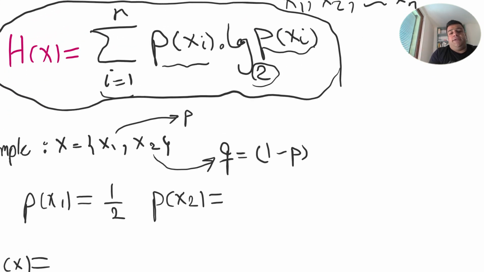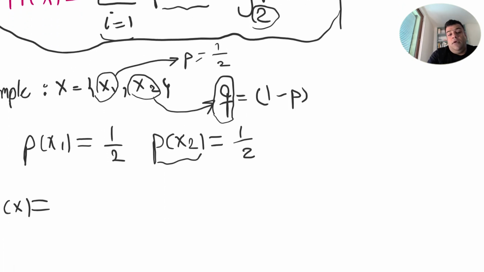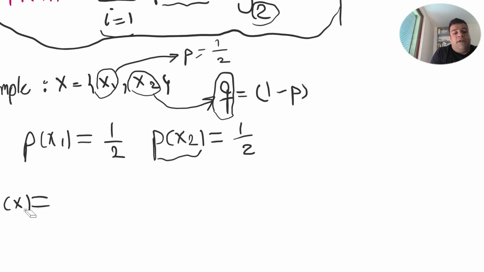For example, consider we have a source with two elements, x1 and x2. If they are binary, for example, P(x1) is p and P(x2) is q, which is 1 minus p. If P(x1) is 1/2, then P(x2) is also 1/2, guys, yes? Because 1 minus 1/2 is 1/2. But what happens for H(X)?